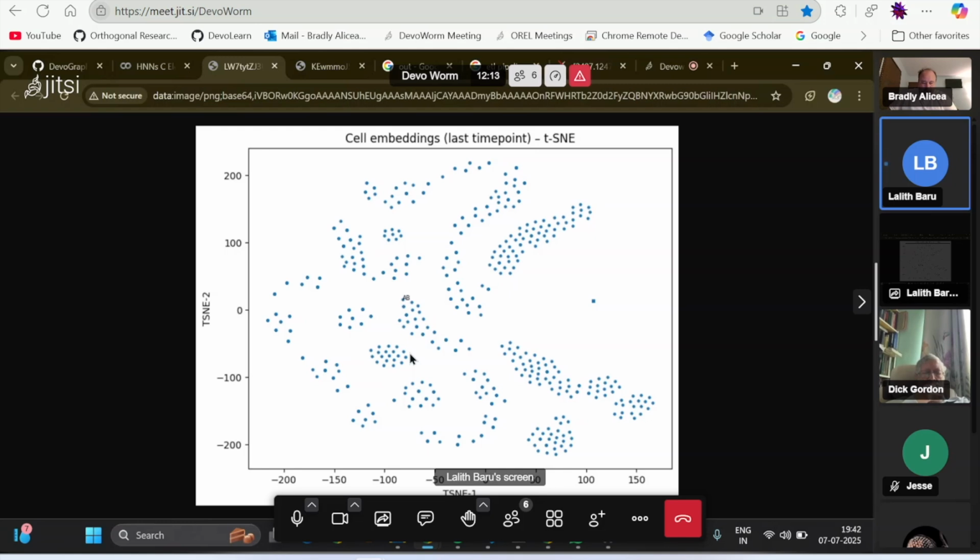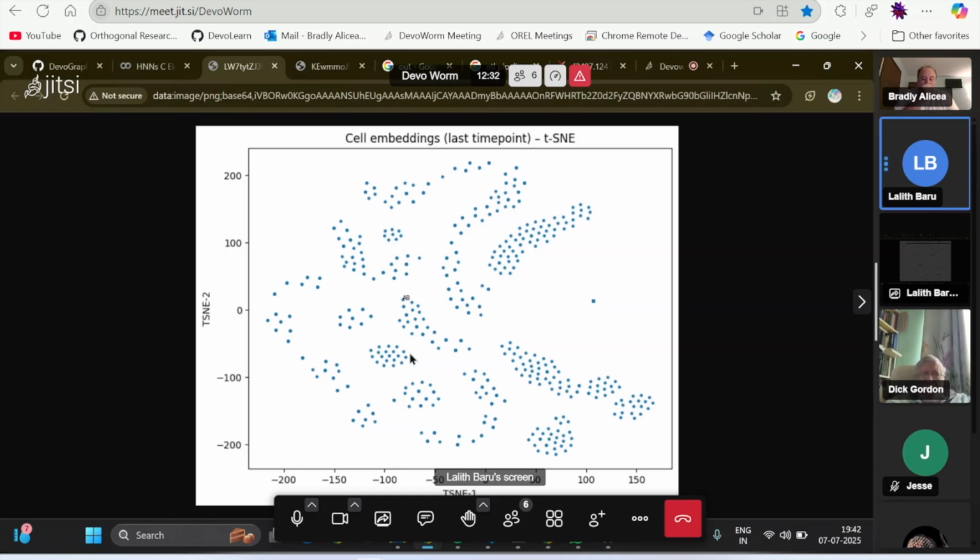I'm not really sure what comes together, but I have to experimentally observe it. So these cell embeddings will help us understand the underlying topology of how this growth happens.